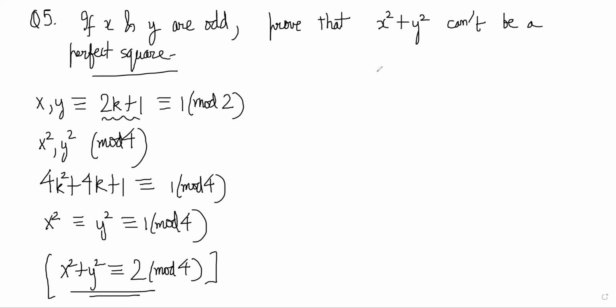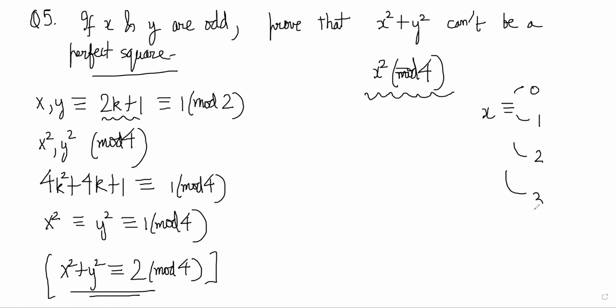Now think of the quadratic residues mod 4, right? What are the possible quadratic residues mod 4? When x is 0, 1, 2, 3, what will be the x squares? It will be 0, 1, 0, and when you do 3 square, it is also 1.